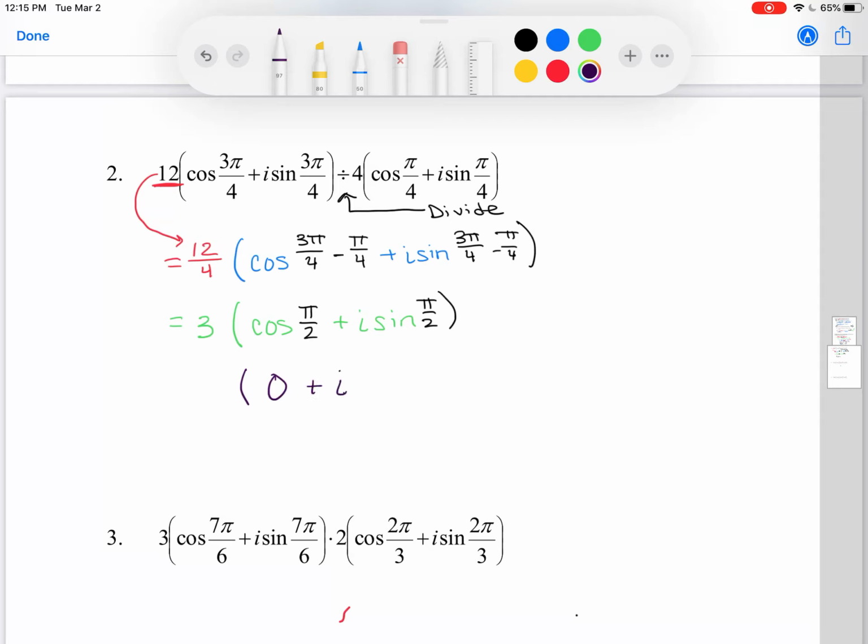Again, going off of memory, cosine at pi over 2 should be 0, and sine at pi over 2 should be 1, with my 3 still out front. And when I go to multiply, I should have 3 times 0, which is just 0. And then 3 times i times 1 just gives me 3i.